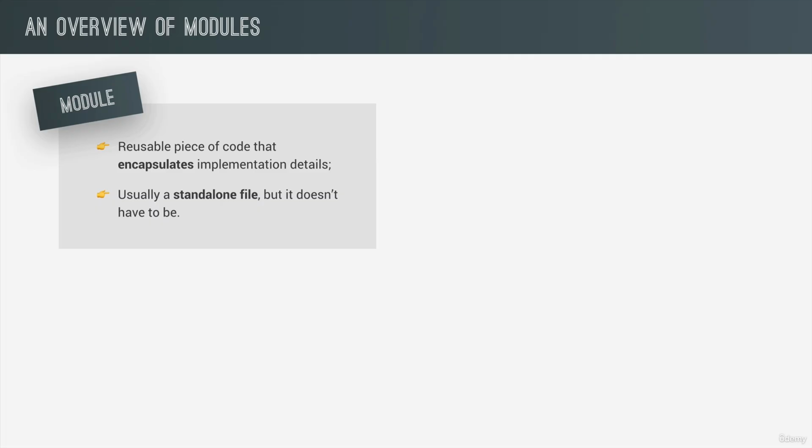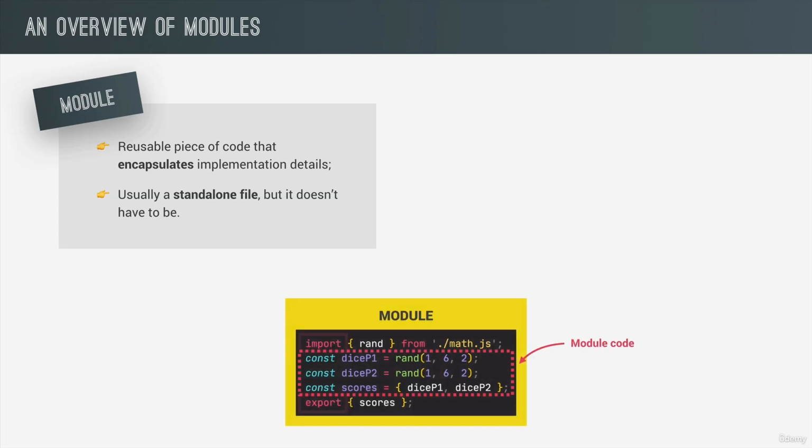So, of course, a module always contains some code, but it can also have imports and exports. So, with exports, as the name says, we can export values out of a module. For example, simple values or even entire functions. And whatever we export from a module is called the public API. So this is just like classes, where we can also expose a public API for other code to consume.